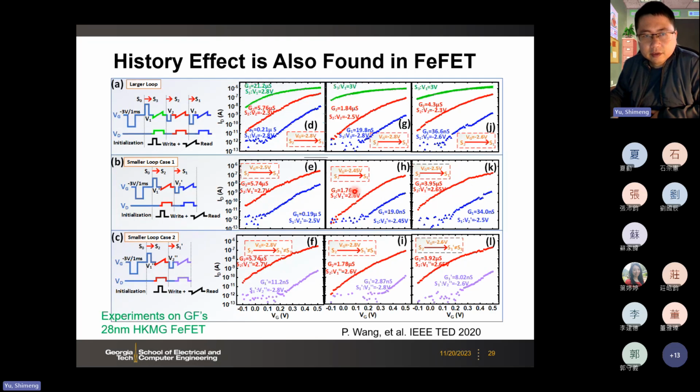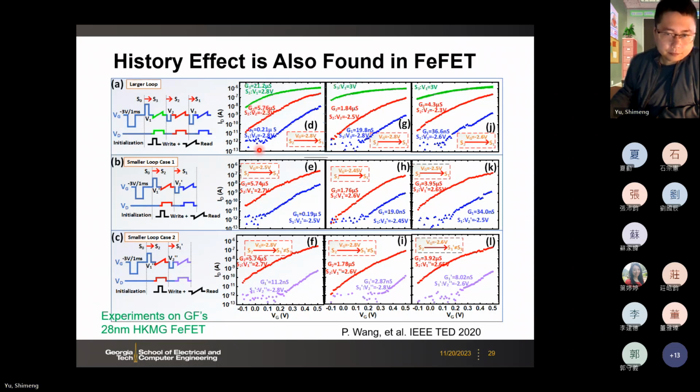We also tested the same behavior on the GlobalFoundries 28 nanometer FeFET. Here I won't go into the details of this operation. Basically we cannot measure the polarization directly, but we measure the drain current from the FeFET. Then we can do this smaller loop and larger loop switching by detecting the drain current.